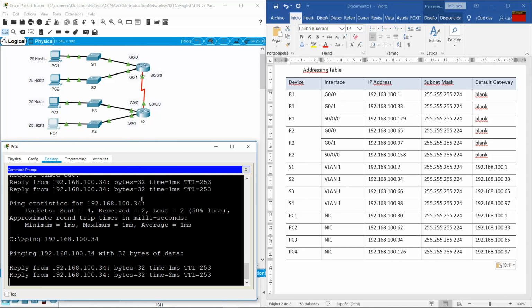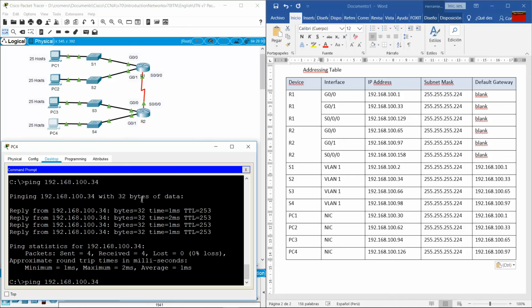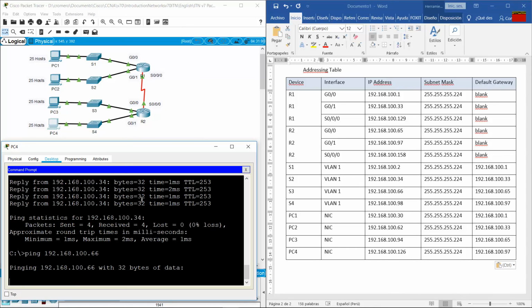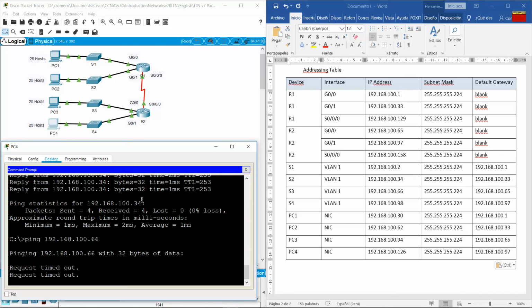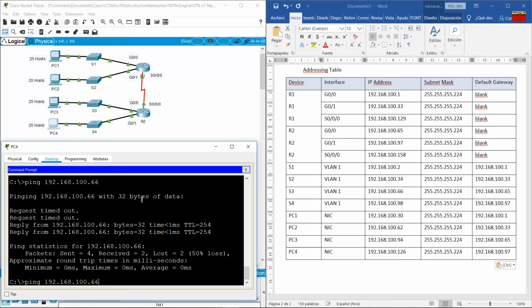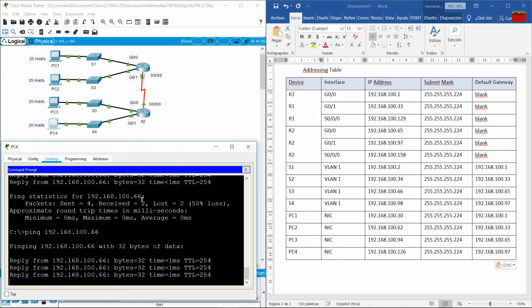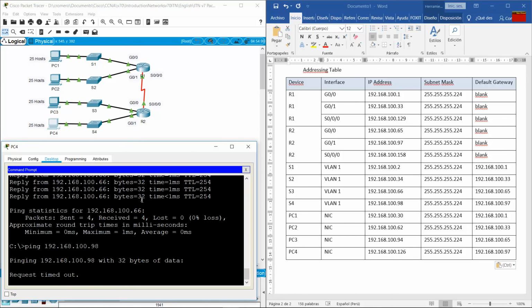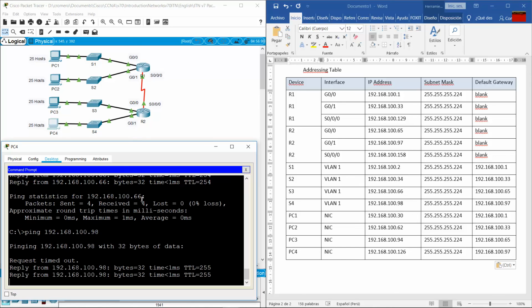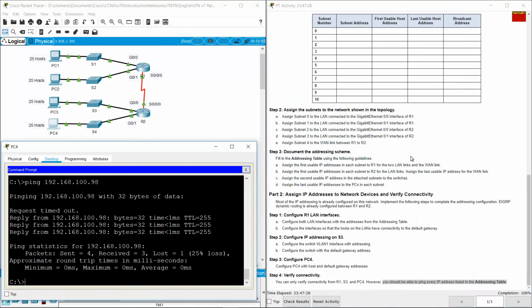Repeat. Very good. S3, 66. Repeat. Very good. S4, 98. Very good. 100%. Thank you very much.